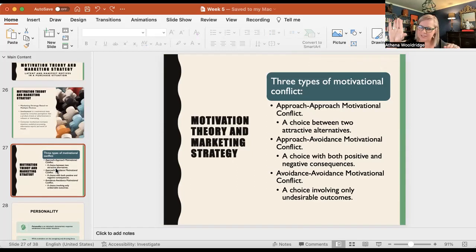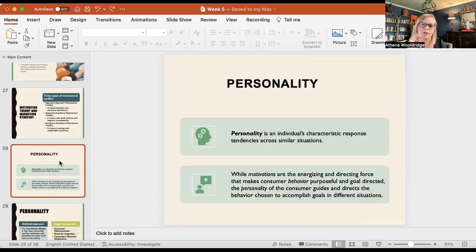Or maybe I'm taking a job because I love it, but it's not for money. You've got to figure out that approach avoidance conflict, and then avoidance motivational conflict. It only involves these undesirable outcomes. We hear this often referred to as the lesser of two evils. So that's kind of an avoidance motivational conflict.